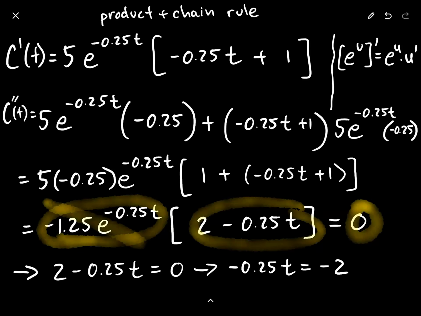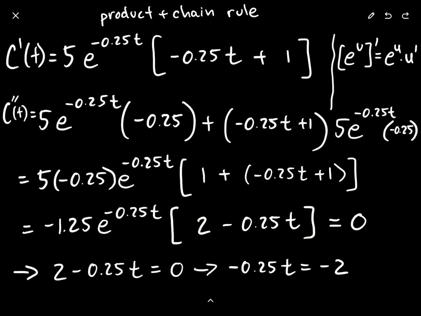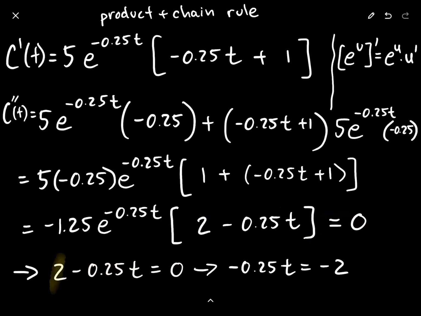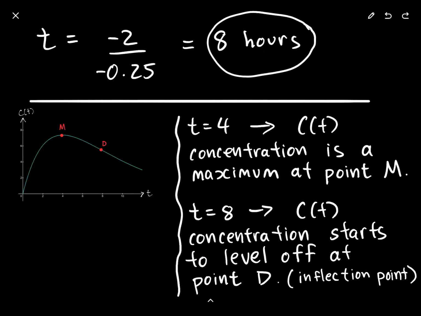But again, the exponential function is never 0, so c'' will be equal to 0 when 2 - 0.25t = 0. So we can bring the 2 to the other side as -2, and then we'll divide both sides by -0.25. So t will be equal to -2 divided by -0.25. So the second derivative is equal to 0 when t = 8 hours.